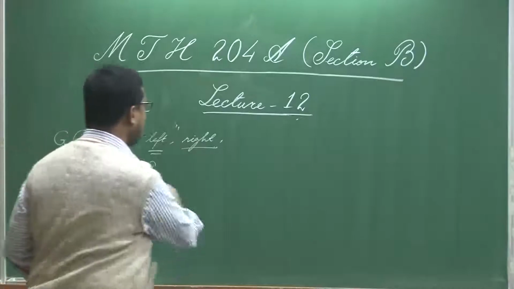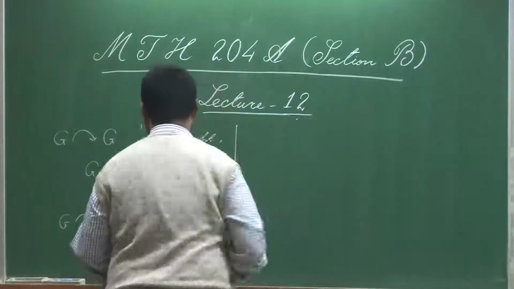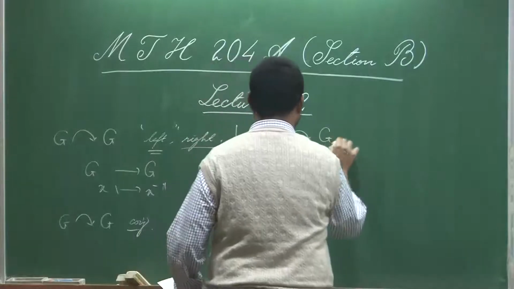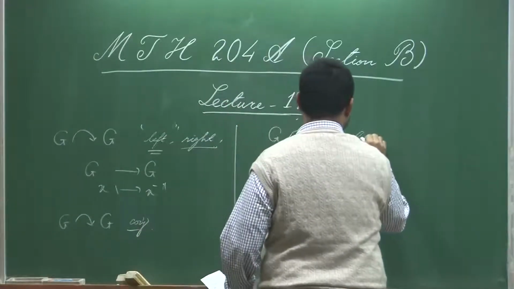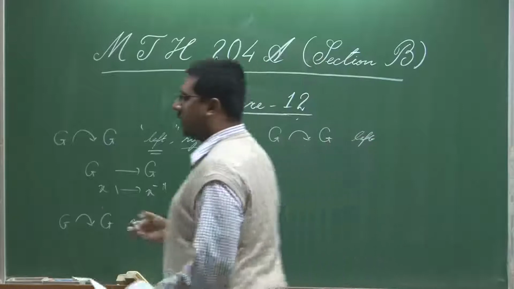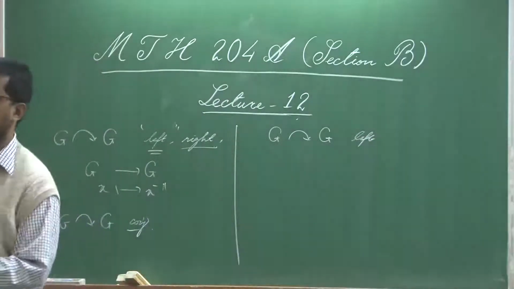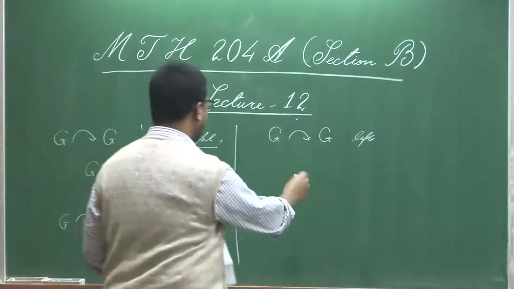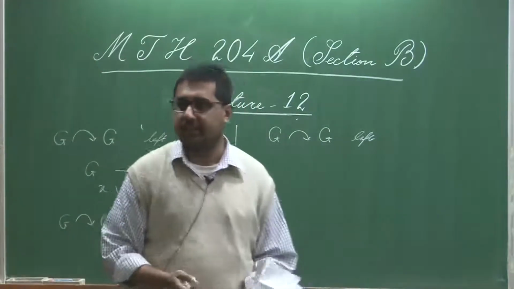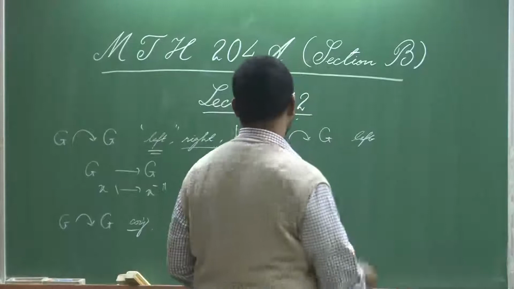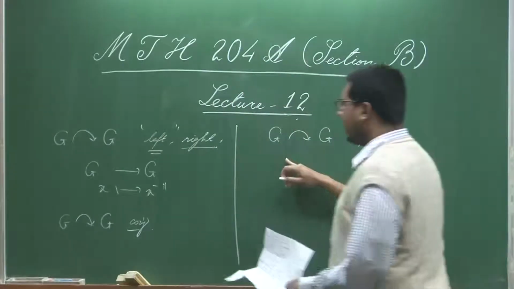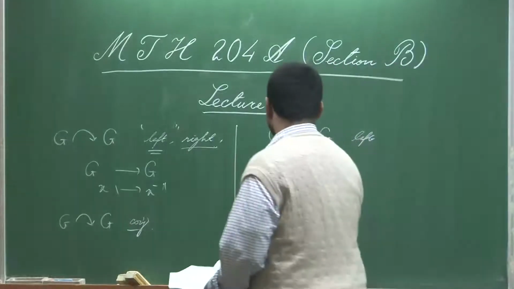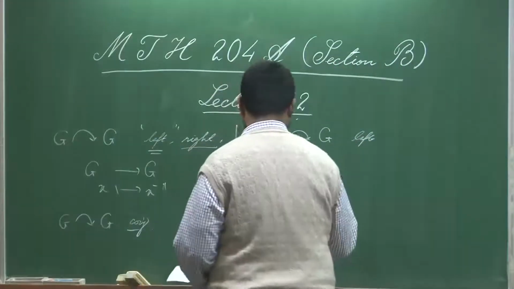Now let us talk about the action of G on itself from this left action. In this left action you can see that the action is transitive, and the stabilizer of every point is trivial. Now, the left action of G on itself induces an action of G on the set of all cosets.